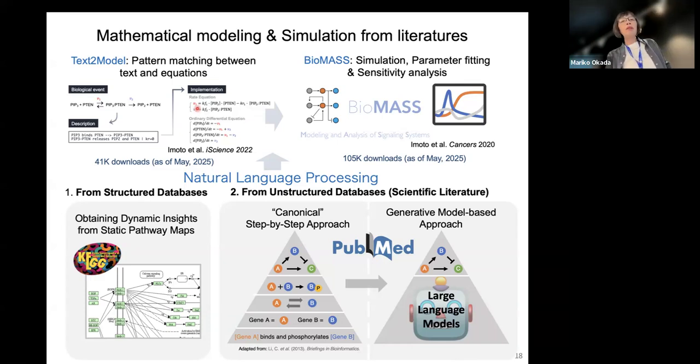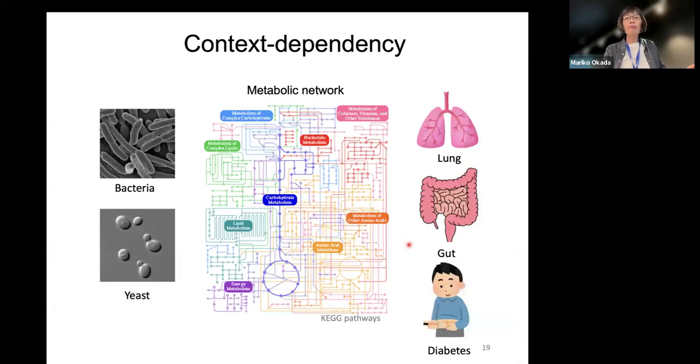So we first tested a structured database like KEGG to make such a model, because KEGG is just a map, not a dynamic model. And now we are spending so much time extracting that knowledge from PubMed. I will explain this one today a little bit.